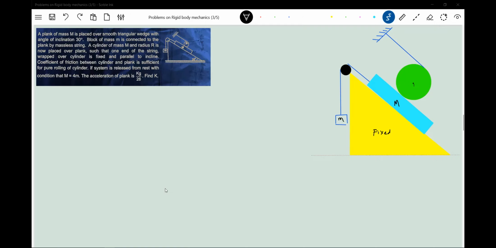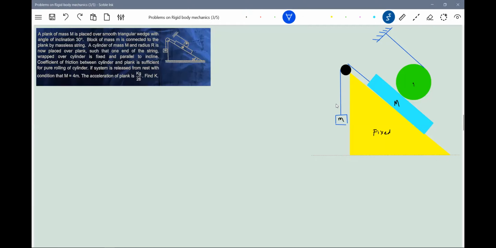Okay, I'll come into the picture. Just for learning purposes, I feel it's a good problem for seeing how the directions of the various forces should be. So the moment we release, the weight mg will act down.